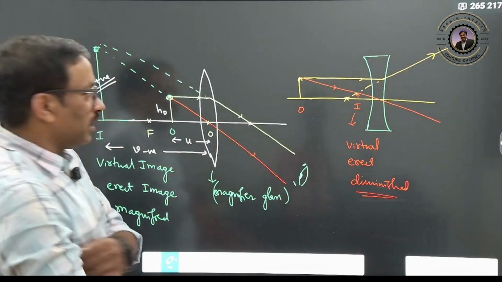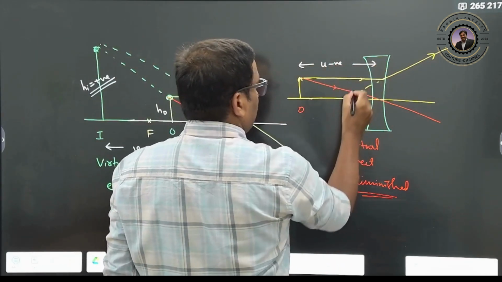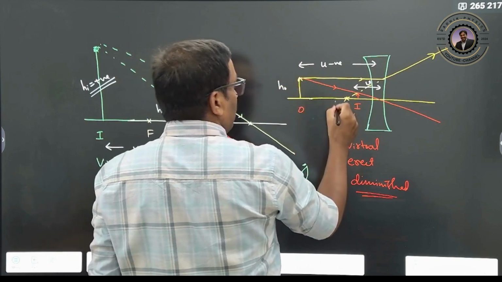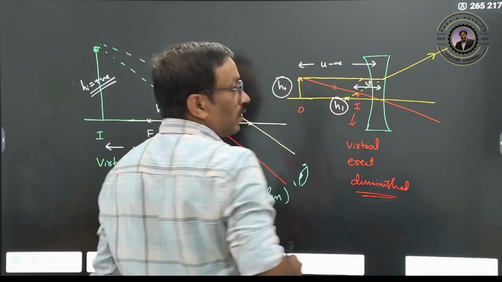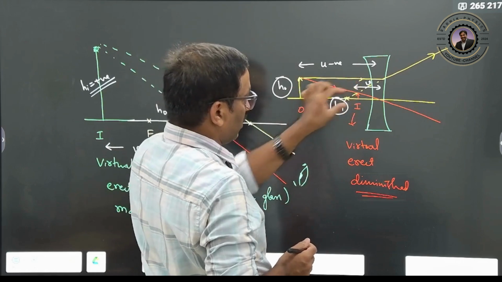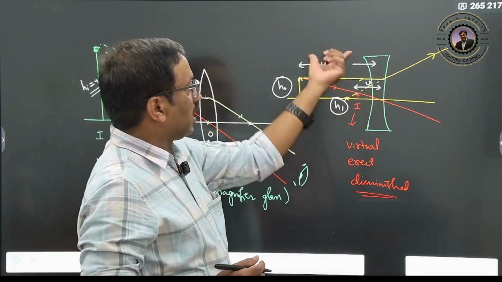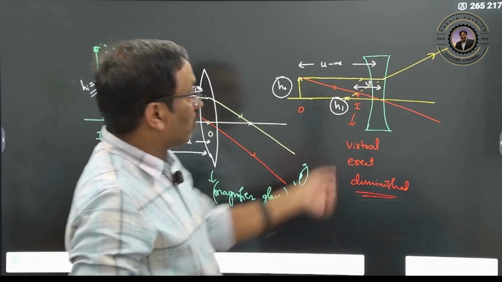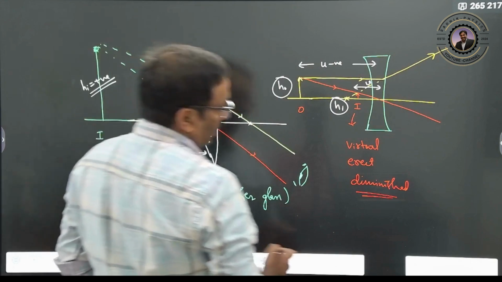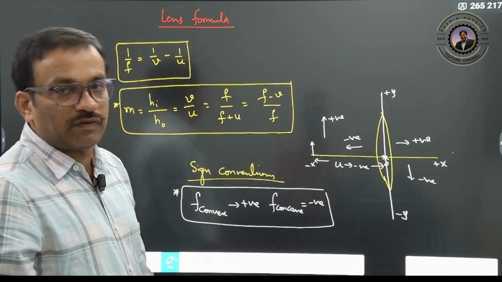In this situation, object distance is negative, image distance is negative, height of the object is positive, height of the image is positive. Focal length of this lens is negative, clear, right. So we need to follow the sign conventions to use all these formulas.